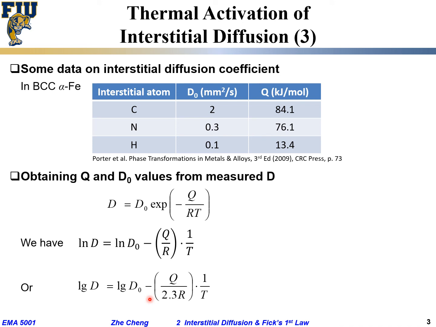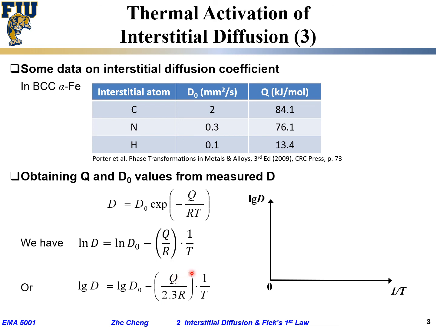So what do we get? If we are going to plot the logarithm of diffusion coefficient versus 1 over T, roughly what would the curve look like?